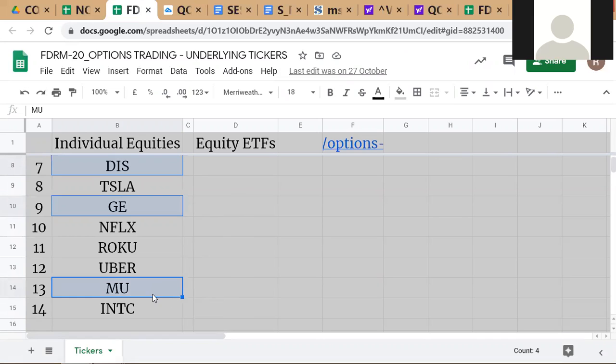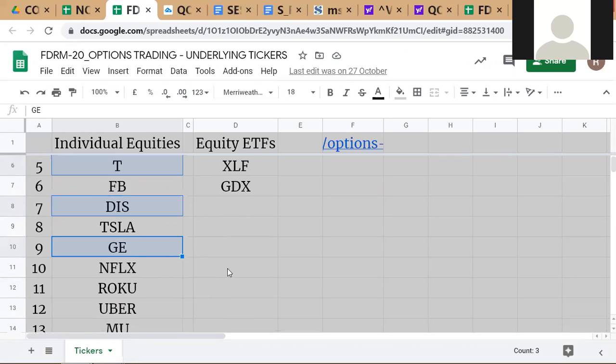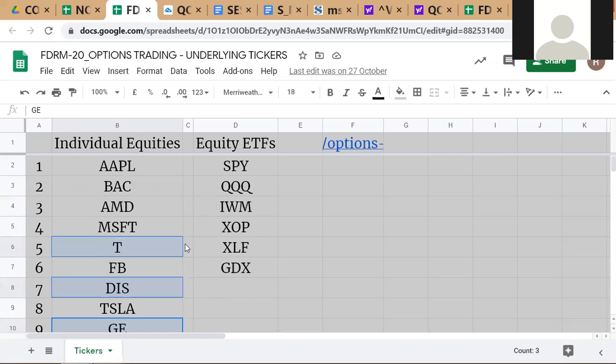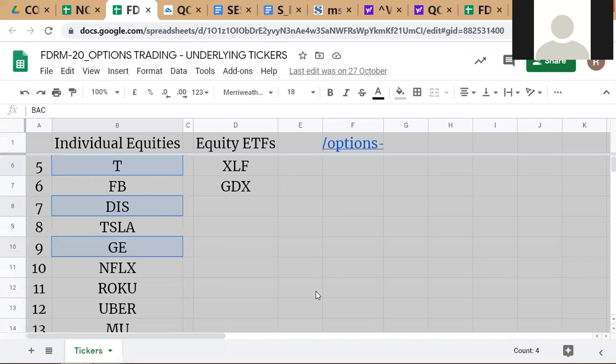Micron is actually a tech stock, so I should not put it here. Then these are all tech stocks actually. Bank of America is not a tech stock, and this is pretty much it. Everything else is a tech stock. You can say Facebook is not really a tech stock; it's a media kind of stock.